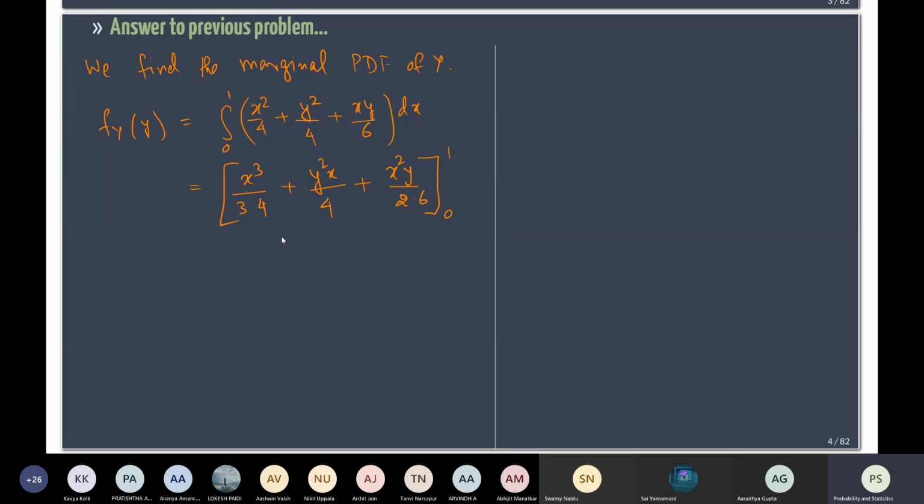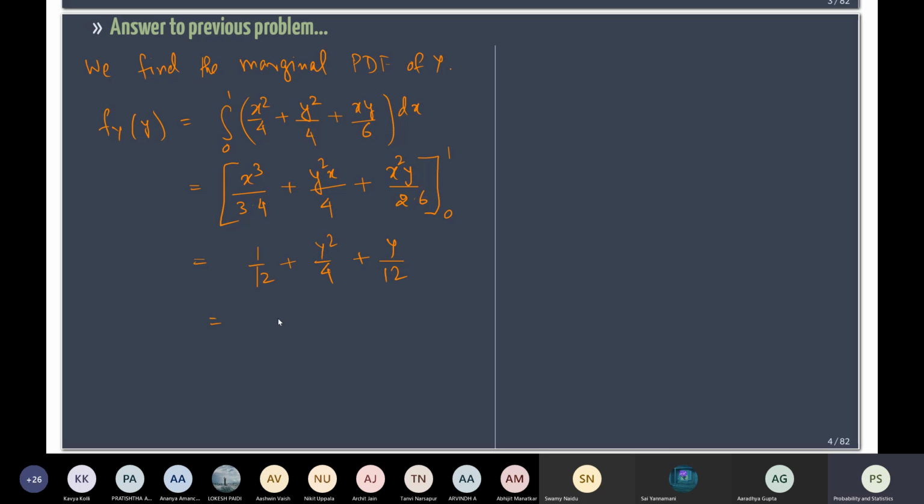If we calculate this out, we have x cubed by 12 plus, putting the limits for x, 1 over 12 plus y squared by 4 plus y by 12.